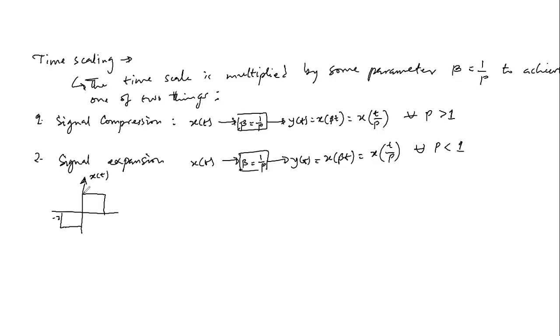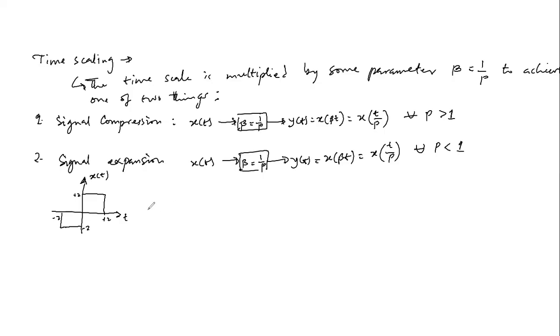This is -2, this is +2 amplitude, -2 amplitude, and the time scale here is +2 and -2. So first, let us perform signal compression.